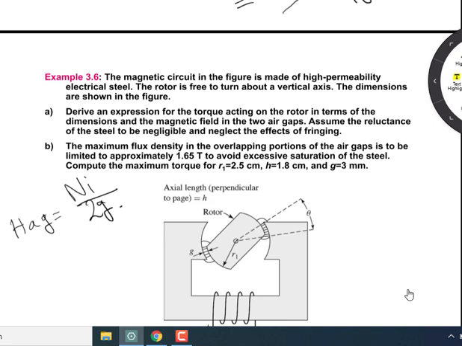Now this high permeability electric steel, as they have mentioned, the flux density in this steel must remain finite.